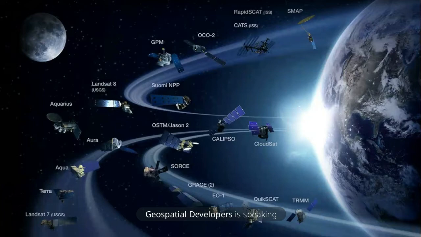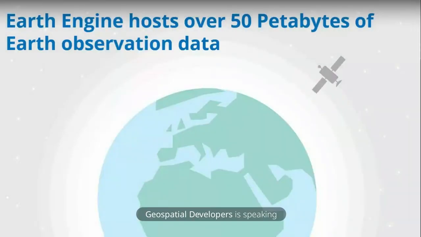These are made free. And as we stand now, Earth Engine has almost about 50 petabytes worth of Earth observation data. Is that huge? So they have 50 petabytes worth of Earth observation data hosted on their servers.